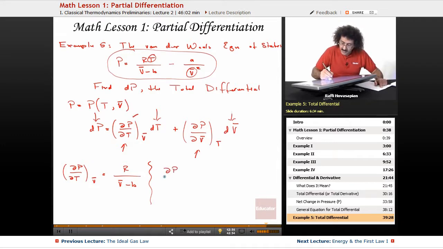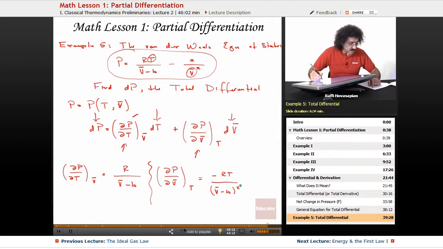Now let's take the derivative with respect to V, holding T constant. What you end up with is the following: minus RT over (V minus B) squared, minus A times 2 times V over V to the fourth.